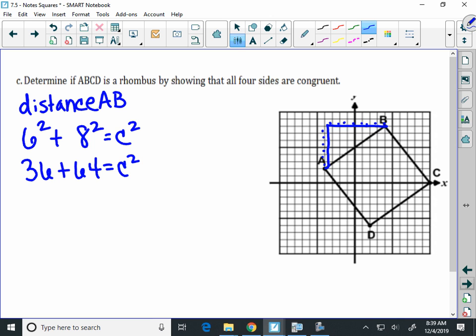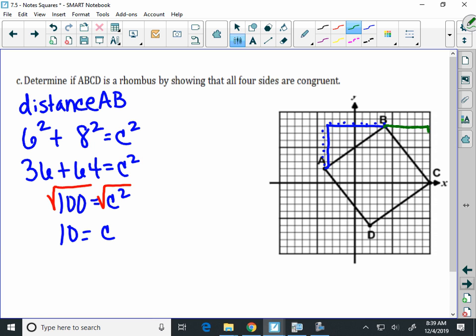And 36 plus 64 is 100 equals C squared. And when we take the square root of both sides, because we can, we get C equals 10. So our first distance is 10. But as we work through these here, we should find that we're going to be getting the same values.